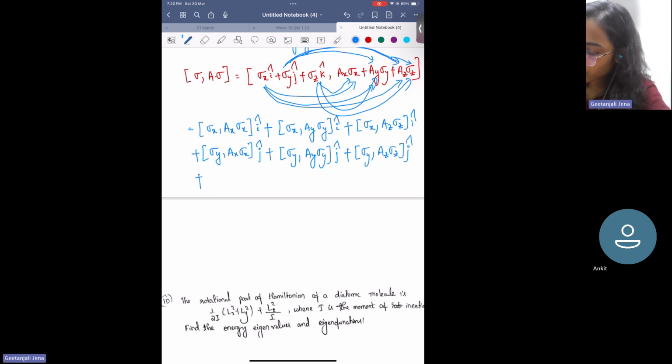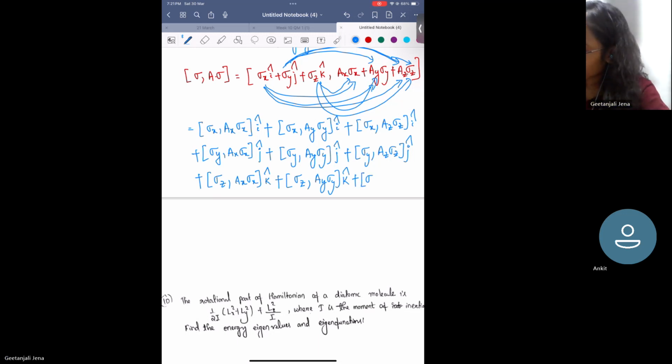And another term for sigma z: sigma z, Ax sigma x k cap plus sigma z, Ay sigma y k cap plus sigma z, Az sigma z k cap.